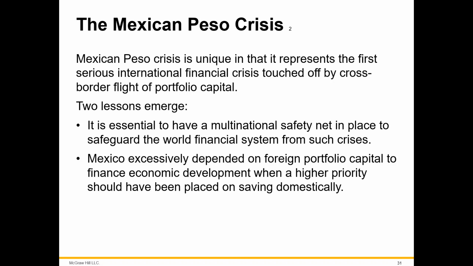You could have banking sectors like in California that are doing well, while Rust Belt banking is doing poorly, and interest rates and mortgages are low in one and high in another, and banks could fail in one place, and that wouldn't cause problems in other places, and that has been decreasingly less true over time. And so the peso crisis really was the first time where we saw it happening across international boundaries, and a lot of it had to do with Mexico depending on foreign portfolio capital to finance economic development, right?